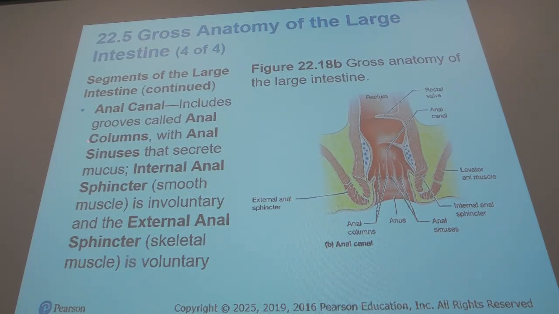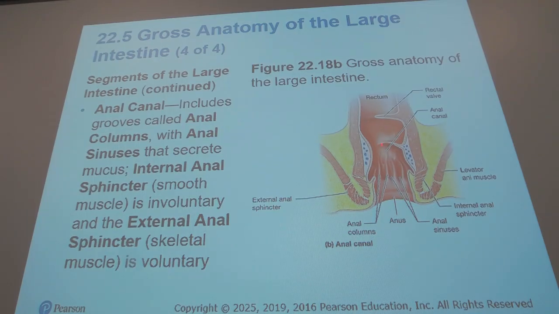So, in the anal canal, we have grooves that are called anal columns. And then in there, we have anal sinuses that secrete mucus. And you have a transition of epithelia at one line that is called the pectinate line, which is this. So over here, the epithelium is going to be simple columnar with goblet cells, and you have abundant glands in the submucosa that secrete mucus to lubricate this area, because this food that is temporarily stored in the rectum is very hard.